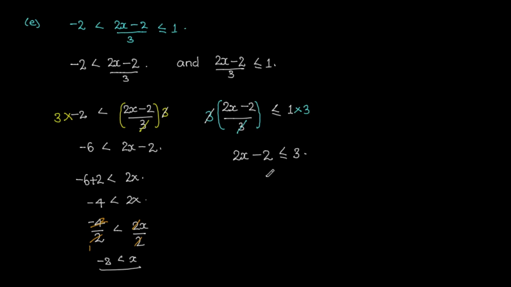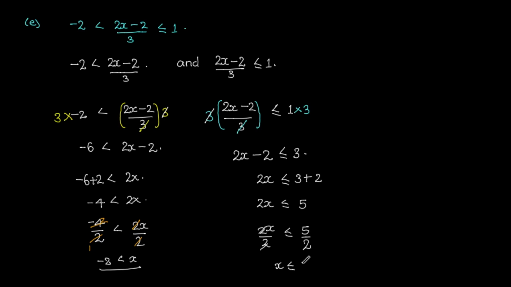Collecting like terms, we have 2x is less than or equals to 3 plus 2. Simplifying the right hand side, we'll have 2x is less than or equals to 5. Collecting this x alone, meaning we're dividing both sides by 2, we have here 5 divided by 2. As these 2 vanishes, I think it's better to write in decimal.